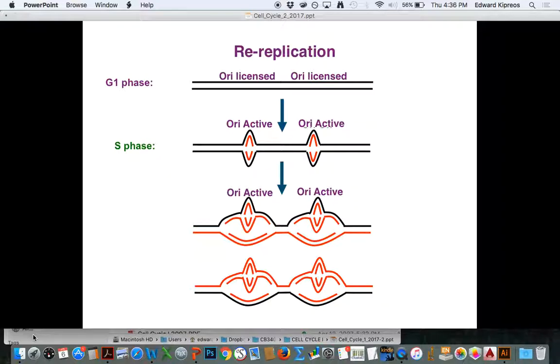This is the technical term, honeycomb pattern. And then, of course, it's symmetrical, so there'll be the same thing over here. Okay? Honeycomb pattern.